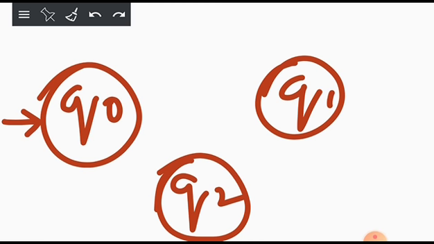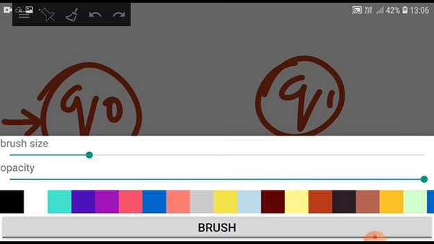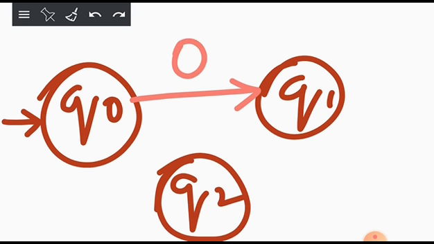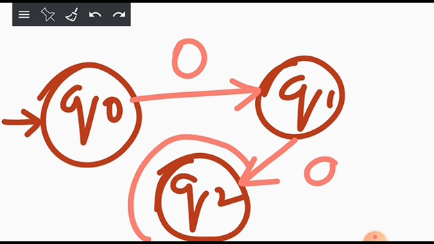Now Q naught on getting input 0 moves to Q1, and Q1 on getting input 0, suppose it goes to Q2, and suppose that this Q2 is the final state, and we represent the final state with double circles. We have already known about it.